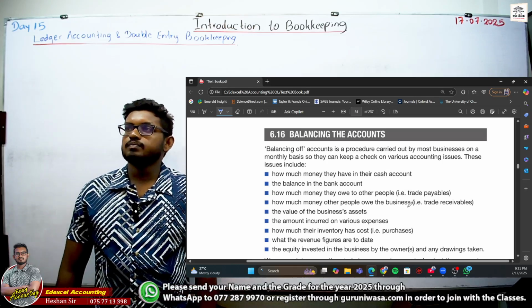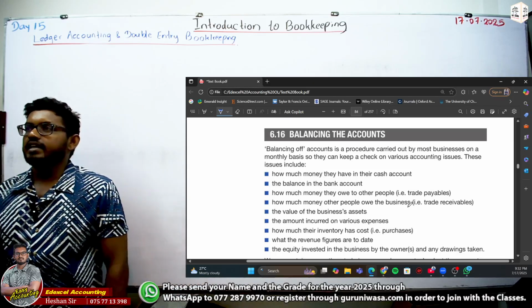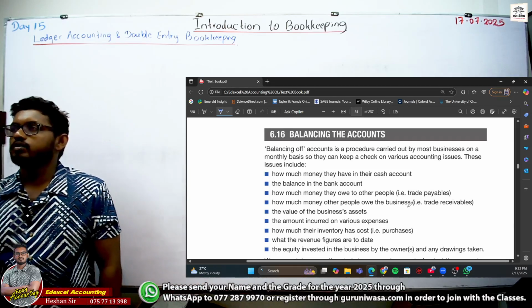Balancing of accounts is a procedure carried out by most businesses on a monthly basis, so they can keep a check on various accounting issues.